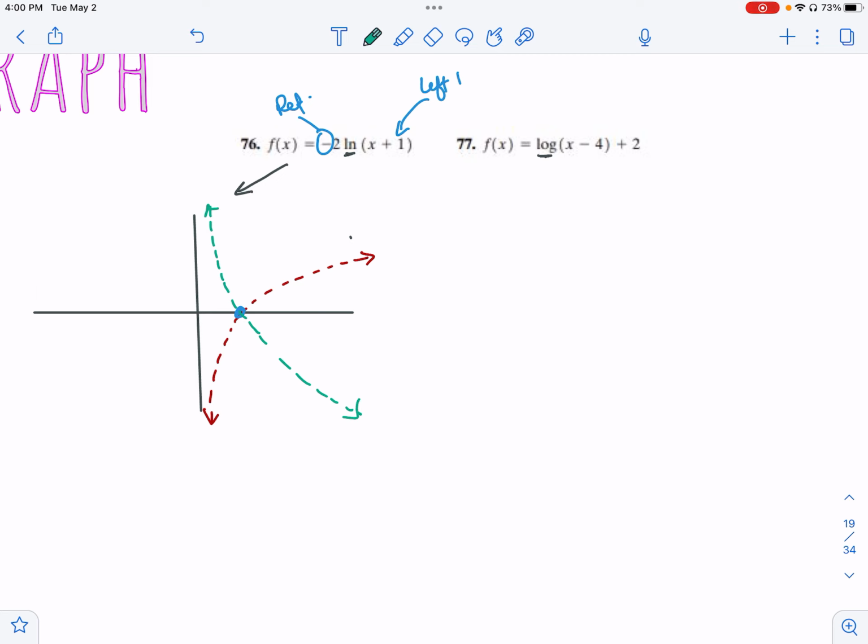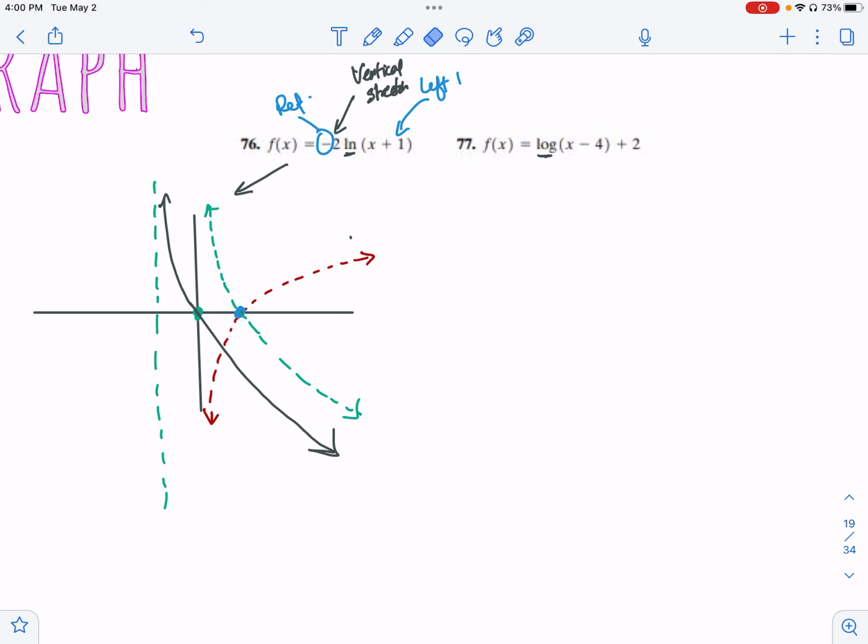Now keeping that green dotted graph, I'm going to scoot it one to the left. It's going to pass through here. The y-intercept and vertical asymptote will also scoot one to the left. And now make sure we pass it through the origin, through its x-intercept. And the 2 is responsible for vertical stretch.